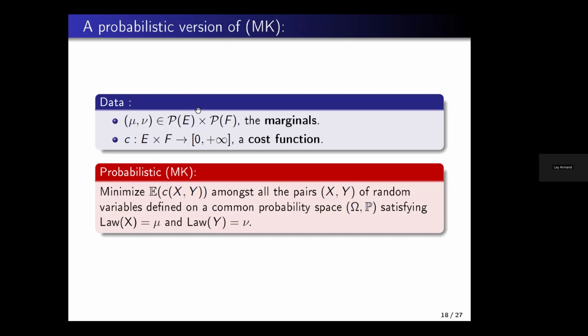You have the same data, your measures mu and nu and your cost function c, and you want to minimize the expectation of c of X, Y, where X is a random variable with law mu, and Y is a random variable with law nu.